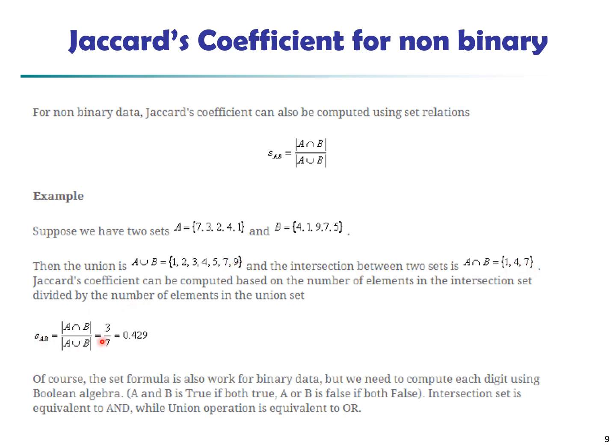So the Jaccard coefficient here is the intersection of 3 divided by the union, which is 7, which is 0.429, and this is how we compute the Jaccard coefficient.